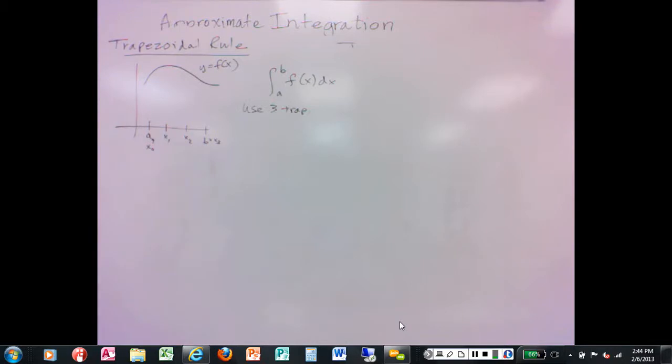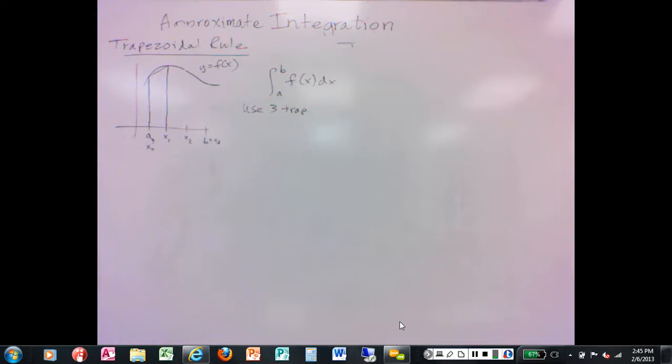We'll use those here in a minute. Okay? So what I'm going to do is this. I'm going to come up here to my function, but instead of going with just one height there, I'm going to go up to the curve here, and then cut that off, and that's going to be my trapezoid.